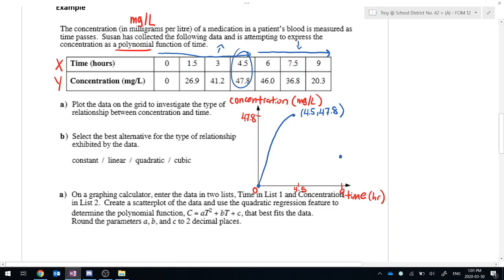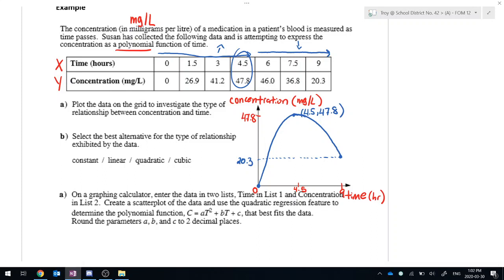So maybe the graph is going to look a little something like that. And of course, this point represents 20.3. Okay, so that's a rough sketch. Again, not super accurate, but that's fine.